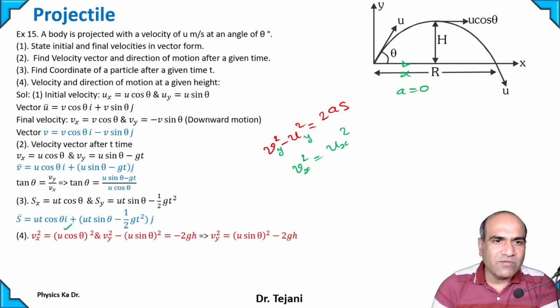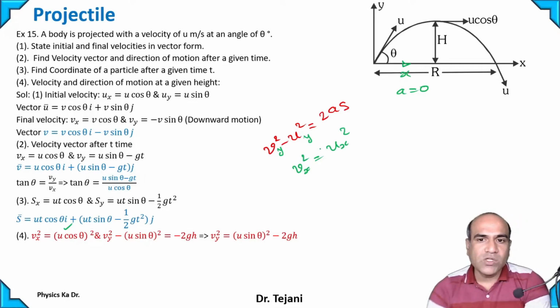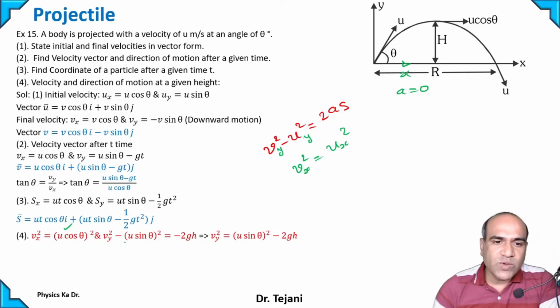See what is given here: velocity and direction of the motion at a given height. We put the equation for Vy squared minus Uy squared, where Uy is u sin theta.